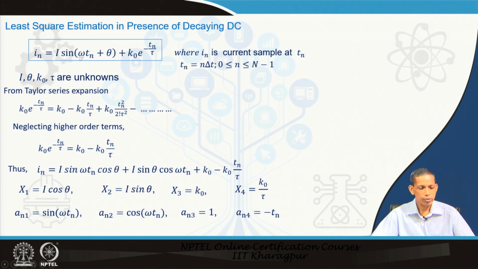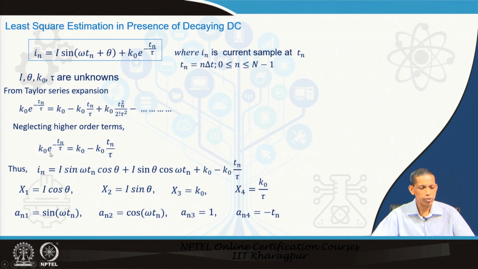Now, if we expand this using the Taylor series, then k 0 e to the power minus t n by tau becomes k 0 minus k 0 t n by tau plus k 0 t n square by 2 factorial tau square and like that. Approximating this series and neglecting higher order terms, we consider only the first two. If you require more accuracy, you can extend it to further terms also.